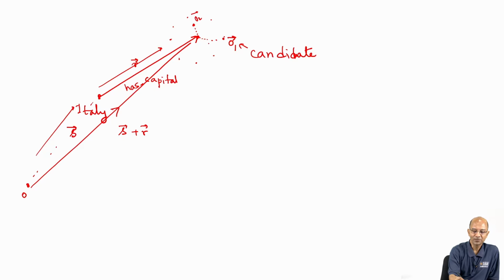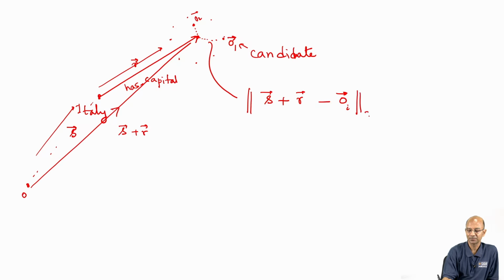So what we have to do is to measure that distance, and that distance is S plus R minus O i for the ith candidate. And that is the score. So we might say f of S R O is equal to that distance.